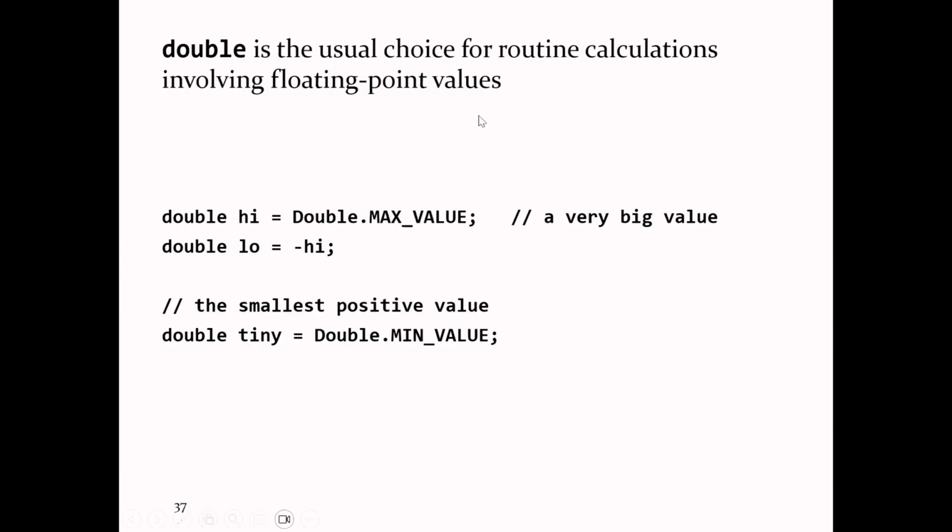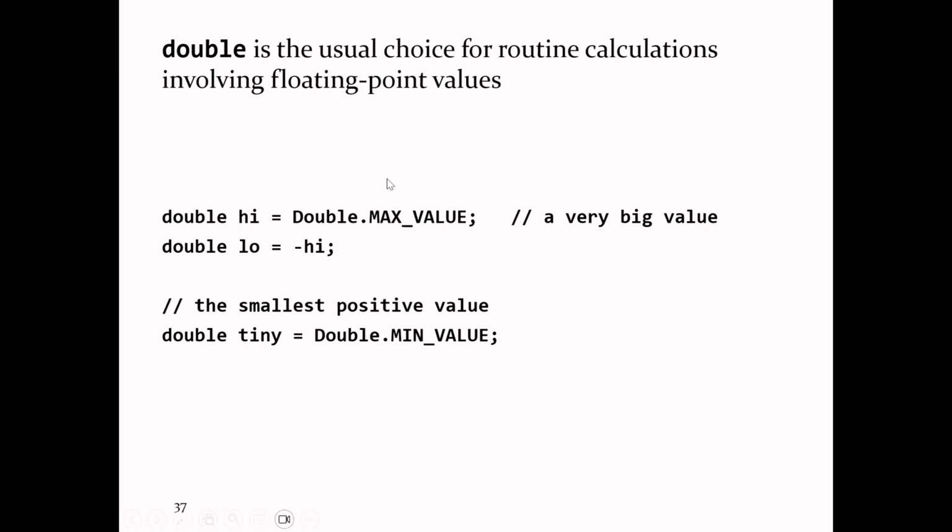All right, so if you want to do floating point arithmetic, then your choice is normally double. You can use float, but the default for most people is double. Now, the way floating point numbers work is very different than the way integer values work. For floating point numbers, there is a largest value that you can represent.